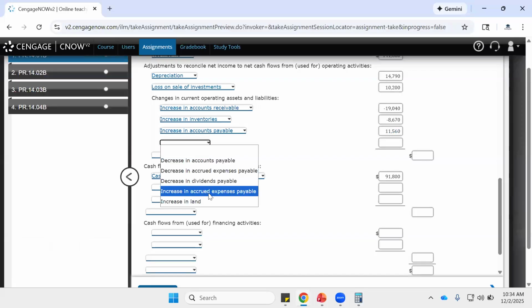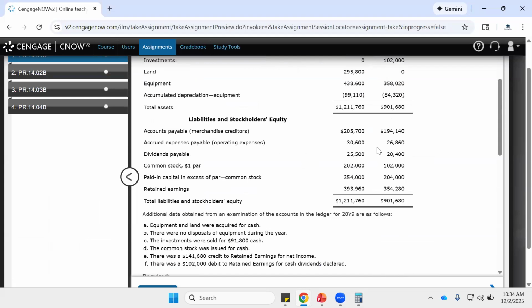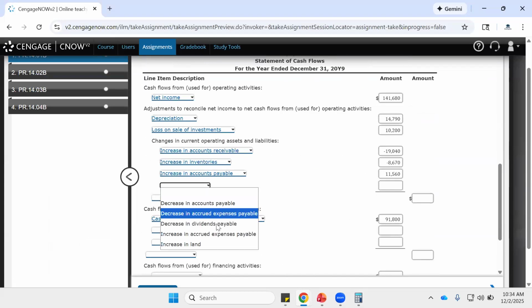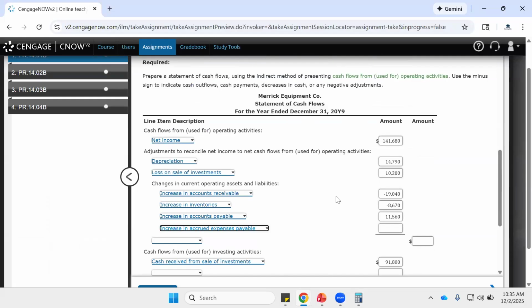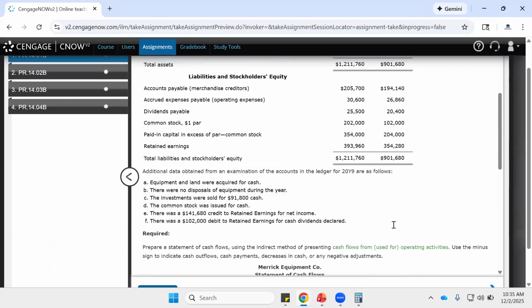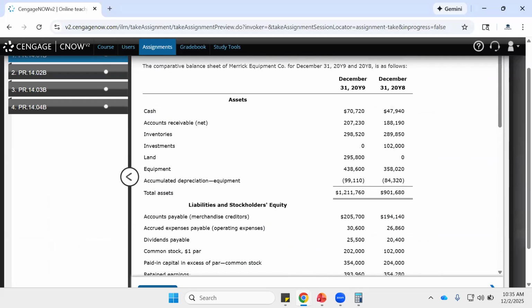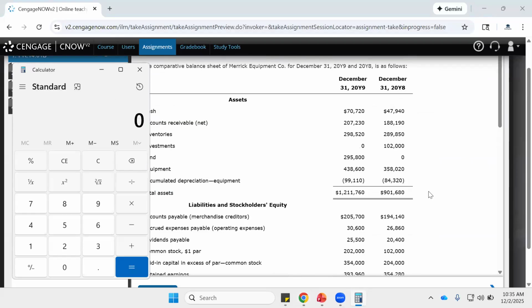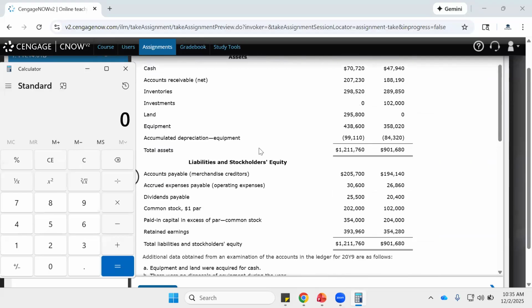And that increases our operating cash flow. And then we also had accrued expenses. They also increased. We have to record that as increase in accrued expenses payable. And that's also going to be a positive number because it increases our operating cash flows. Because again, it's expenses that we haven't paid.